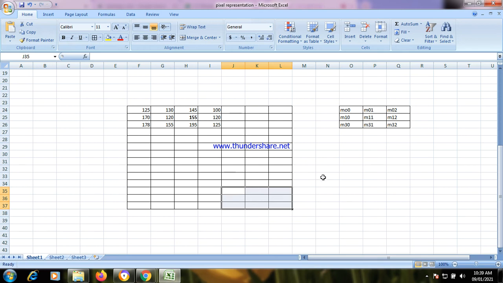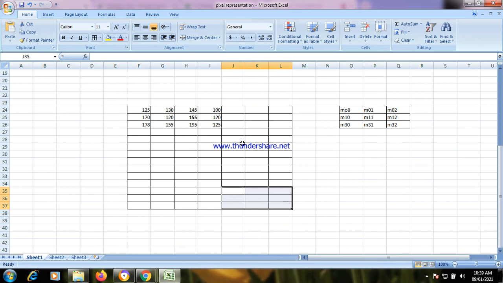Similarly, you can have a 5 cross 5 mask or 7 cross 7 mask. The intention is to take the average of all the intensity values and replace the central pixel. You need to perform this throughout the image.